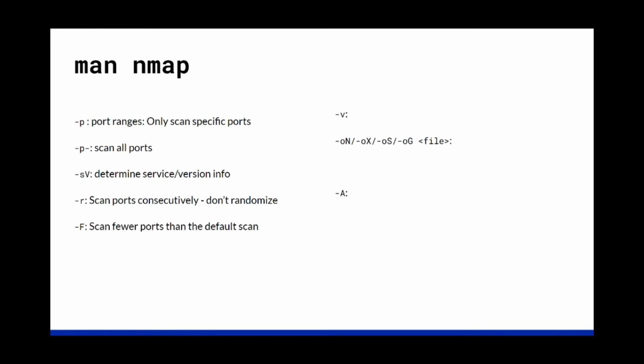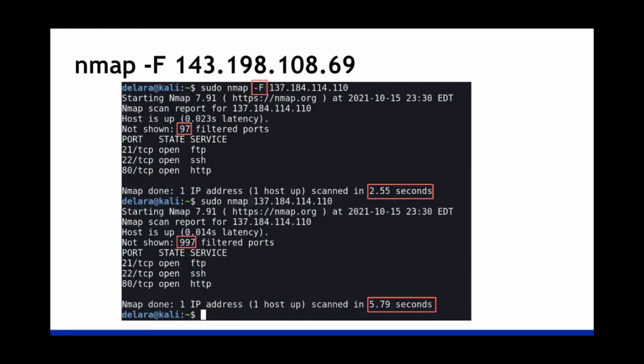And then we have -F, which scans fewer ports than the default scan. So the default scan, as you saw earlier, scans the top 1,000 ports. But if you do -F, it'll scan the top 100 ports instead of the top 1,000.